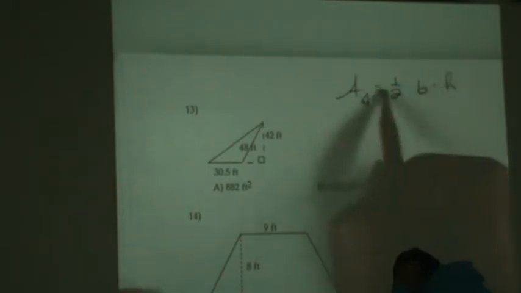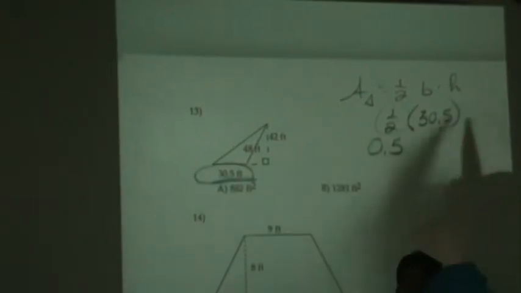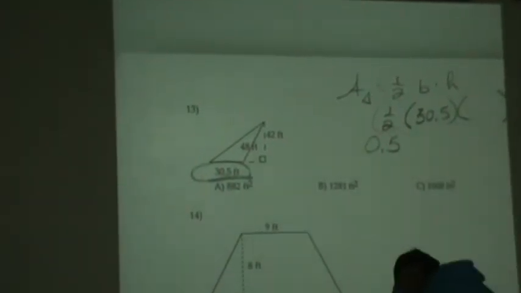So it didn't say something new, so we're still doing area. Area of the triangle, 1/2 base times height. You could use 0.5 if you want to. The base is 30.5 right here. Which one of these is the height? It's not this one.